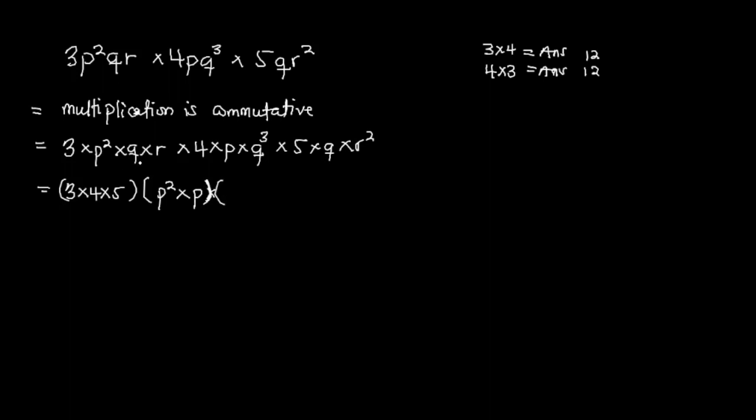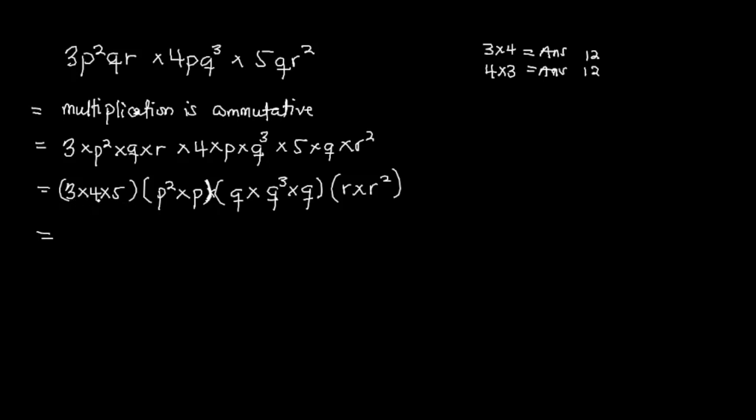Then I open another bracket, I go to q multiplied by another q here, q cube multiplied by another q. Then the next one is r. I have r multiplied by r squared. Okay, so from here I can go ahead and do my multiplication and get my final answer.